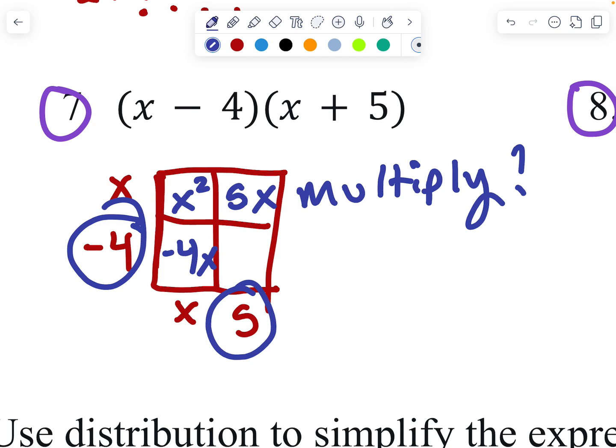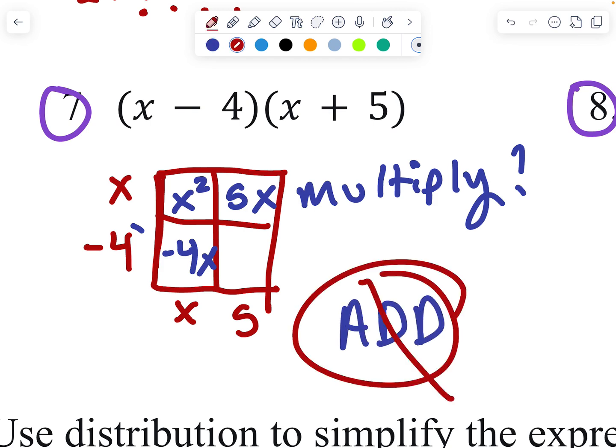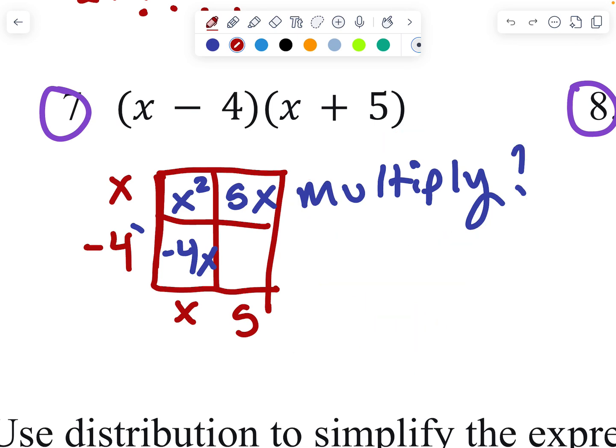You guys always want to start adding this for some reason. I don't know why you multiply all the others and then you start adding. You cannot add. There is no adding here. You multiply. We are multiplying these. So, -4 times 5 is -20. And then we take our pieces out of the box.